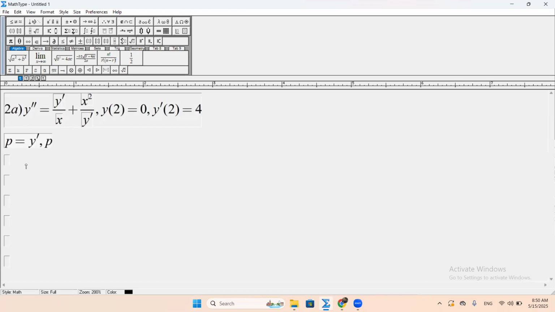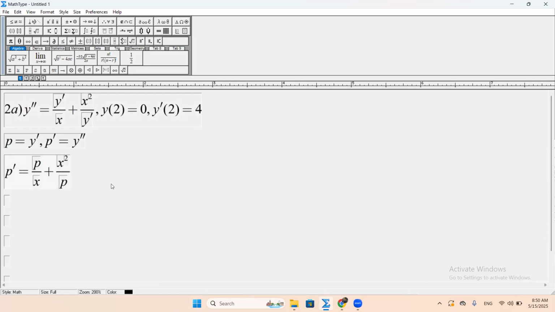Then p prime equals y double prime. So p prime equals p over x plus x square over p. We received the following equation.